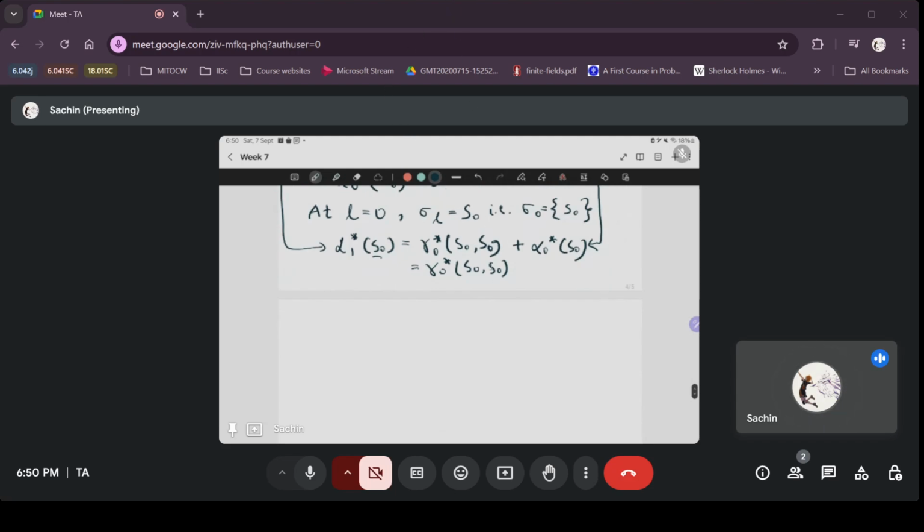Now the definition for gamma L star of S prime comma S, I have to go back and check the lecture.